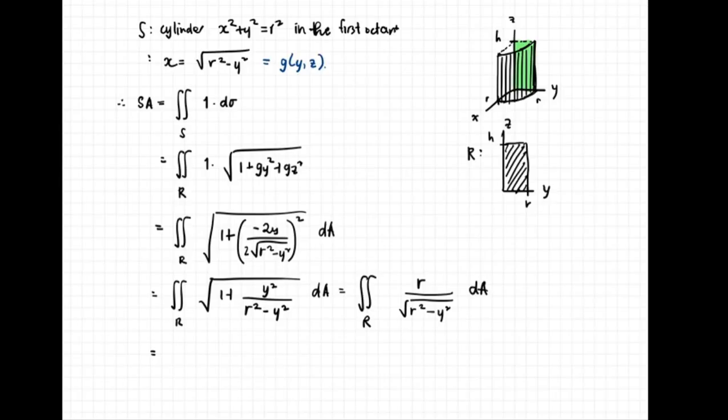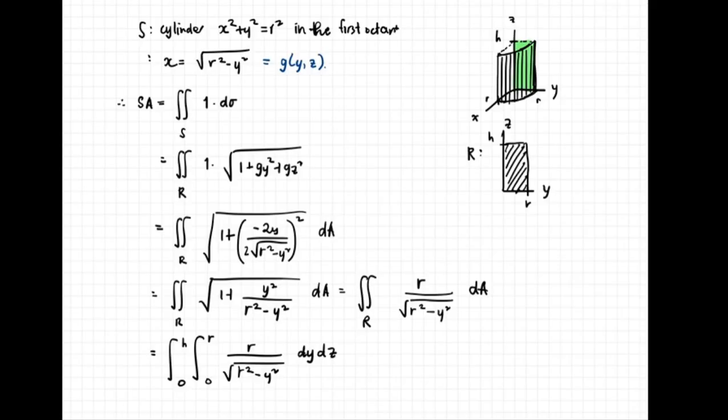in which case this is equal now to, in terms of y and z, z, take note, is from 0 going to h, y for this case is from 0 going now to r, and we're taking here the integral of r divided by the square root of r squared minus y squared, first with respect to y and then with respect to z.